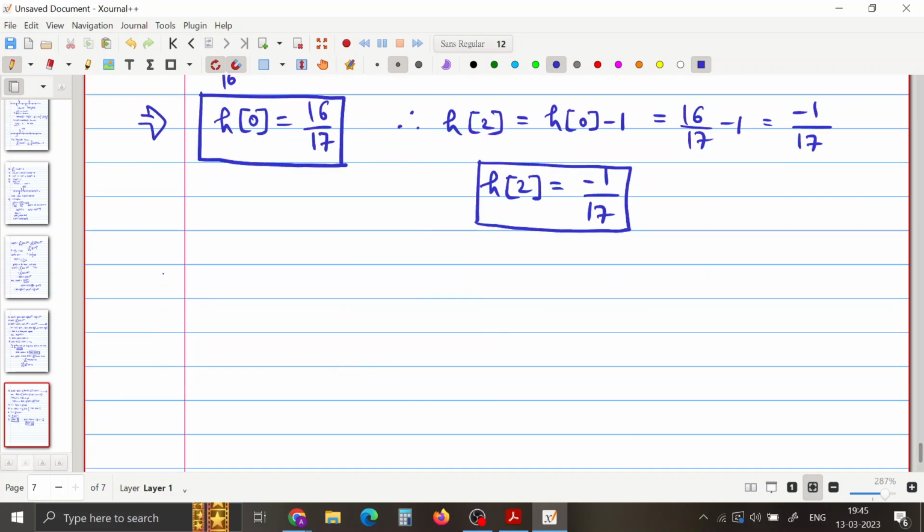So h of n is nothing but, for 0 we have 16 by 17, for 1 we have 0, and for 2 we have minus 1 by 17, and this is the origin. And for all other values we have 0.